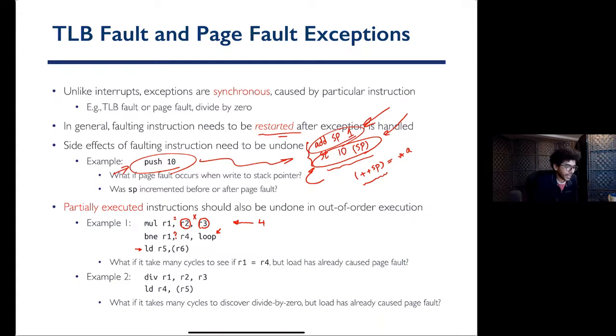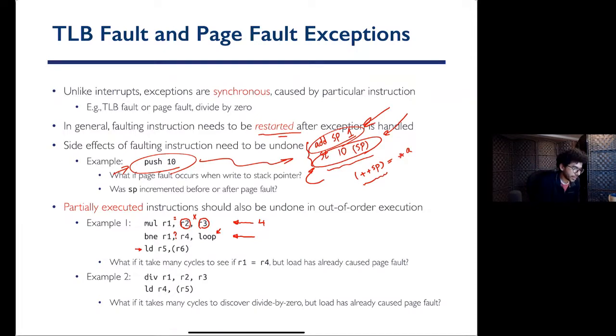So can I start executing the next instruction before the first one is done? No, because the branch instruction needs the result of the first one, the multiplication. So I cannot check R1 with R4 unless I have R2 times R3.